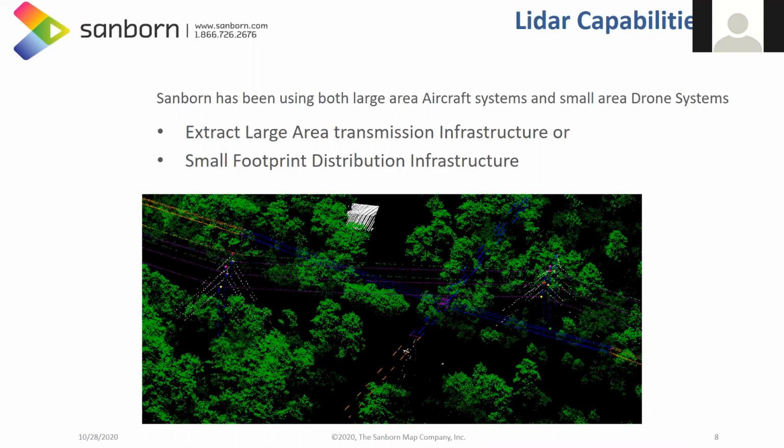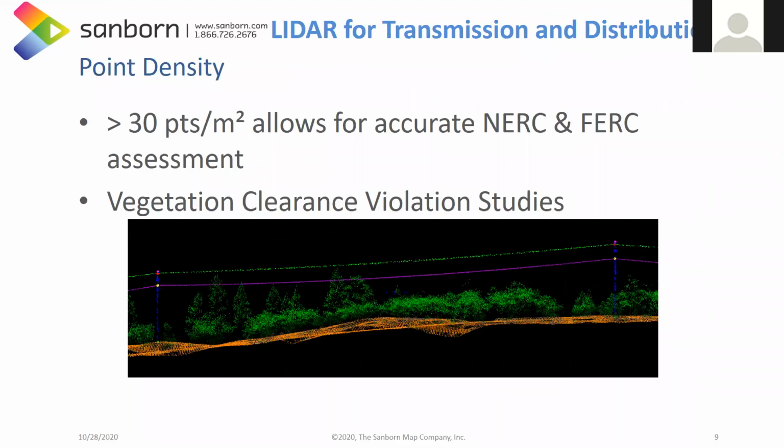Whenever you need a large area transmission infrastructure, you need to go for manned aircraft data collection, whereas if you are looking for a small footprint distribution infrastructure, the UAS-based collection will be more relevant. With regard to transmission as well as distribution lines, whether it is a manned aircraft or unmanned system, normally we can easily collect 30 points per square meter, which allows for accurate sag assessment.